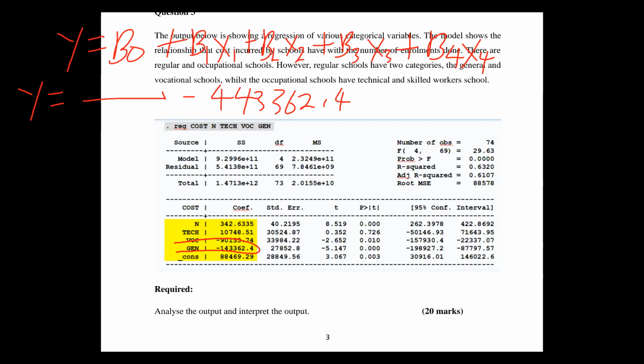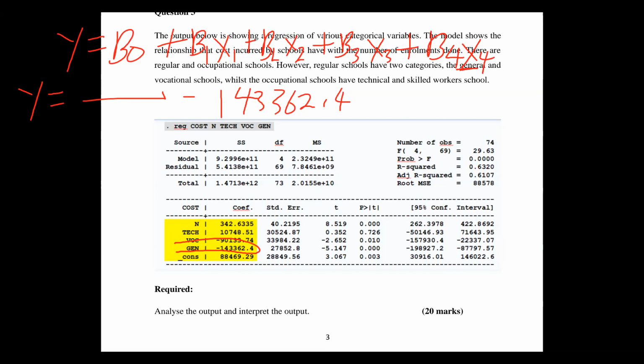What this means is that a unit increase in enrollments, as you enroll 1 student in general schools, GN is general schools, right? Sorry, is it a negative 1.4 or 4.4? Yes, it's negative 1, 4. Yeah, thank you.